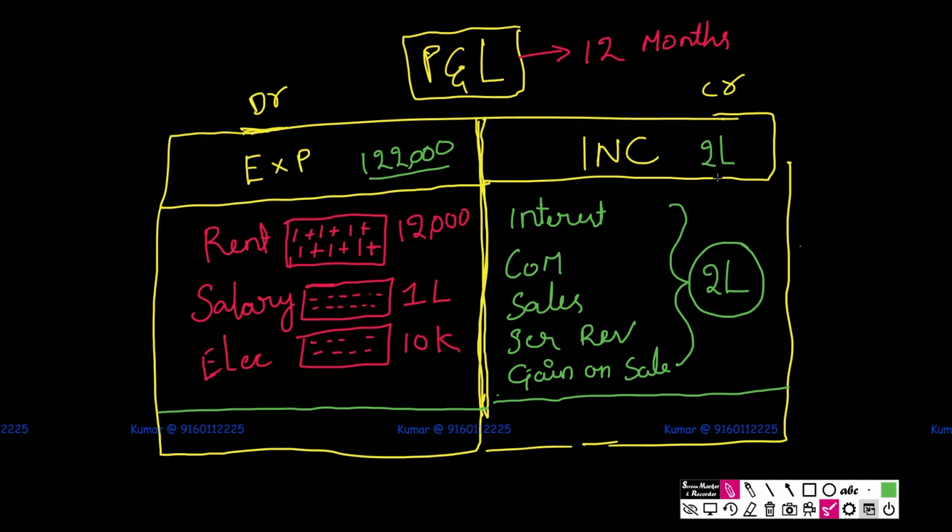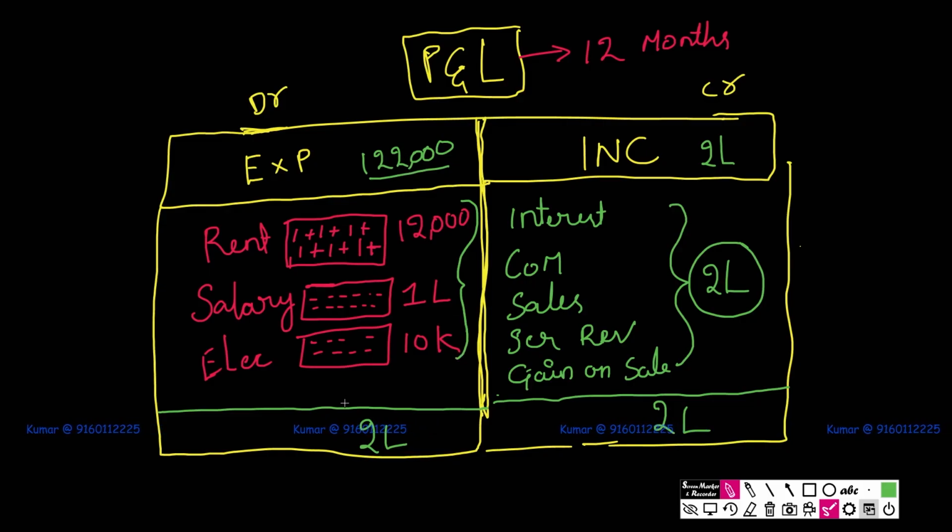So first we are going to write this 2 lakhs on both the sides. If we add all these things on the expense side, it doesn't become 2 lakhs, so some balance is there. What is the balance? 2 lakhs minus 1 lakh 22,000, 78,000.